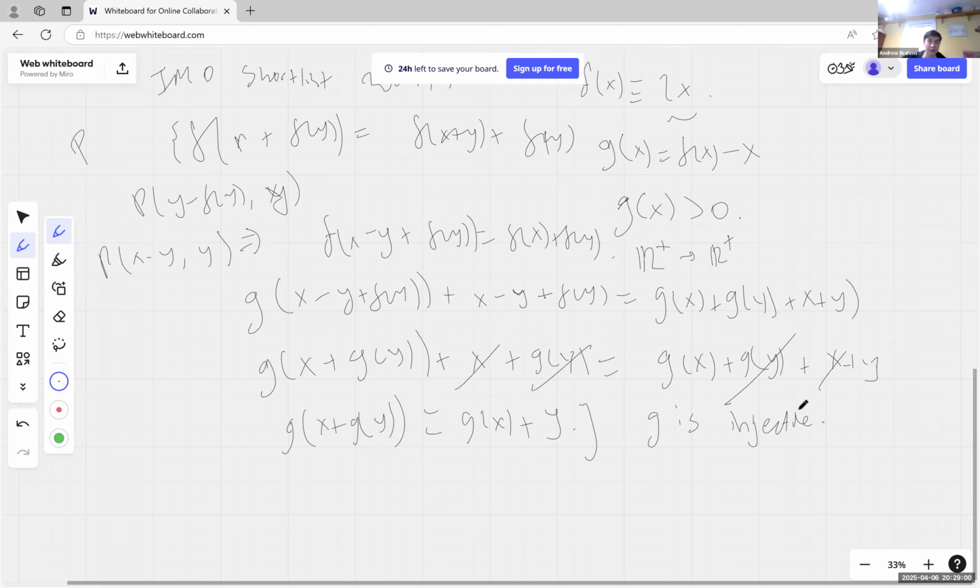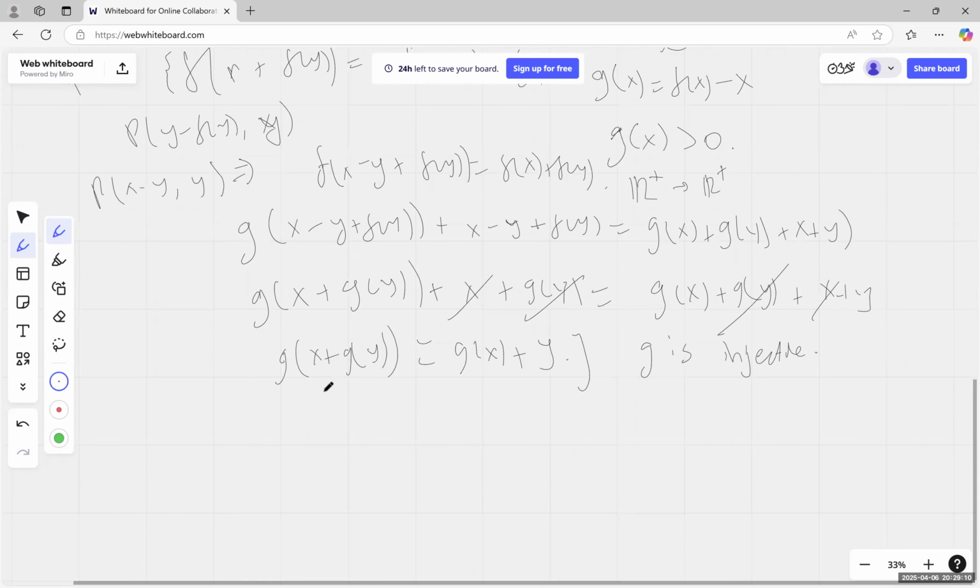Can anybody see why this gives us that g is injective? If we assume that g of a equals g of b, then just substitute y as a and b respectively, and then it just comes out on the RHS. Yes. We get basically that the right hand side is going to be different and the left hand side is going to be the same.